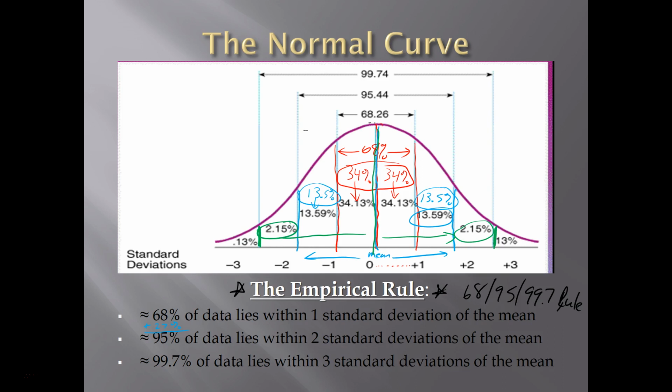So together, all these percentages make up about 99.7%. So I've added approximately 4.7%-ish. It's not quite exactly that way because I had rounding before, but you get the point. It goes up to about 99.7%.